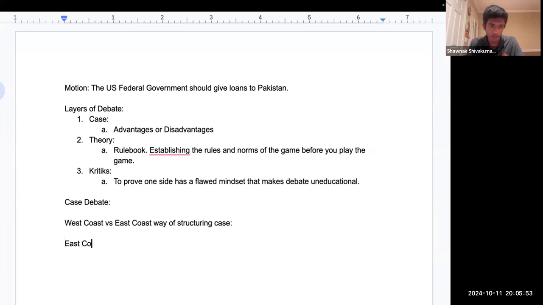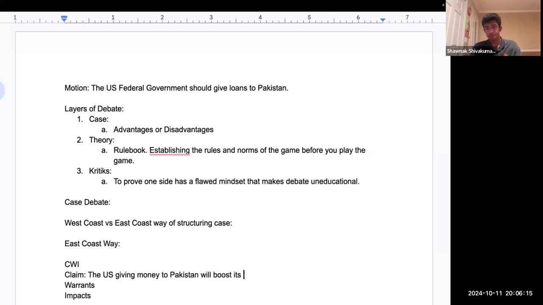The East Coast way, which is not totally rigid, is usually claim, warrants, and impacts. A claim for your argument is that the US giving money to Pakistan will boost its economy.